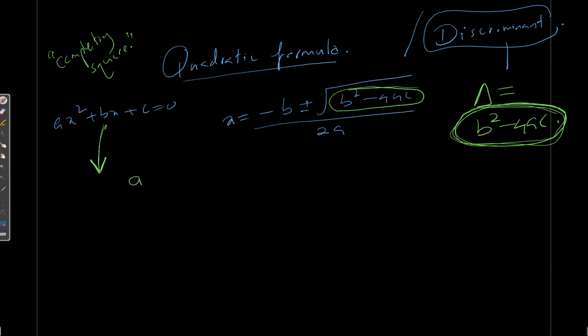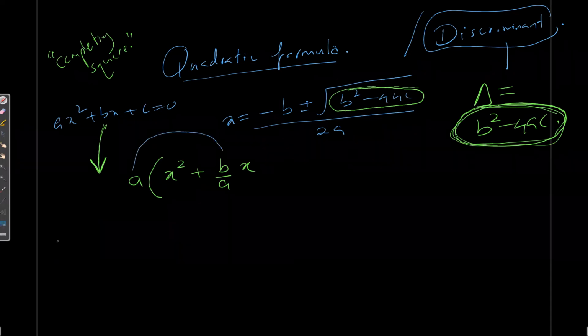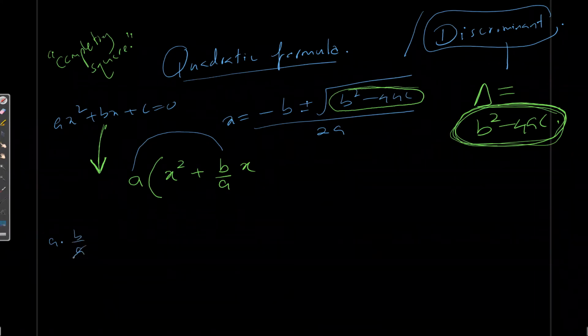If I pull a out, x squared plus b over a x. See, when I multiply a with b over a, I get b, right? Plus, similarly, c over a equals 0.